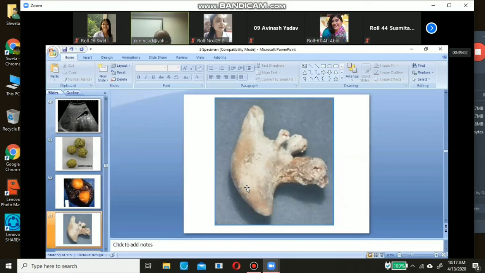The wall of the phosphate stone is smooth, and the oxalate stone is spiky. We say it is like mulberry, or in our country, it is like jackfruit. The spiky projections all over the surface of the stone.